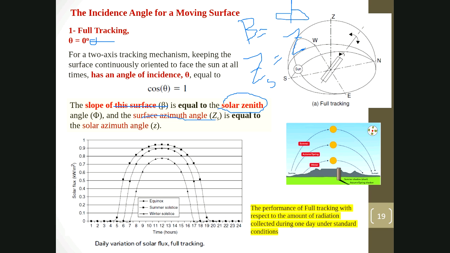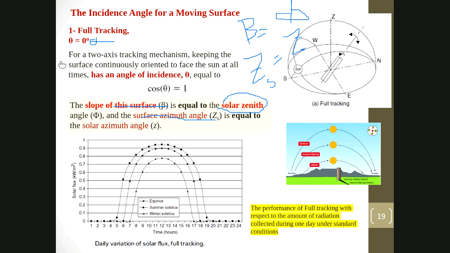The performance of the full tracking system during the day is shown in this figure. If the collector follows the sun, we obviously have the maximum radiation at summer solstice, which is this one here.